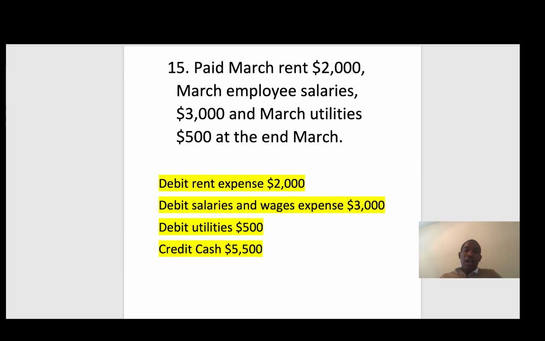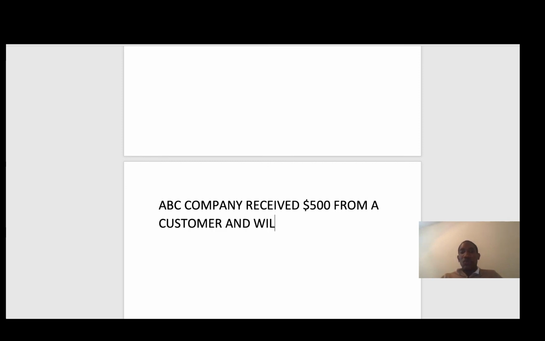Okay, I'm going to add one more example here because I think it's worth noting. So let's say ABC Company received $500 from a customer and will perform the work next month.